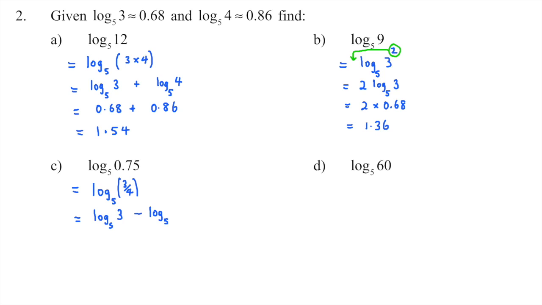I can think of it as log to base 5 of 3 minus the log to base 5 of 4. The log to base 5 of 3 is 0.68. The log to base 5 of 4 is 0.86. So it becomes 0.68 minus 0.86, and if you put that into your calculator, it is equal to minus 0.18.